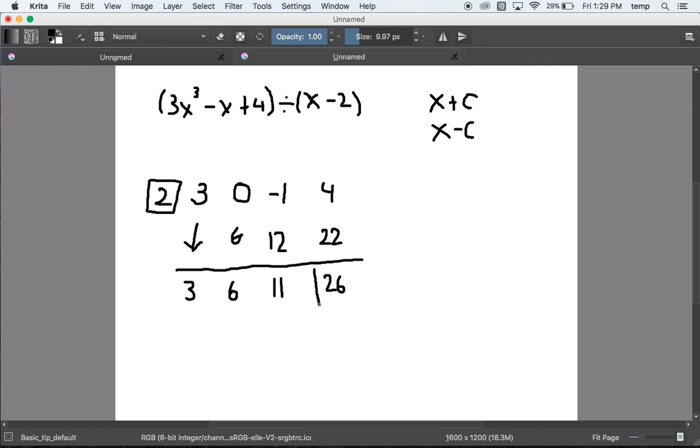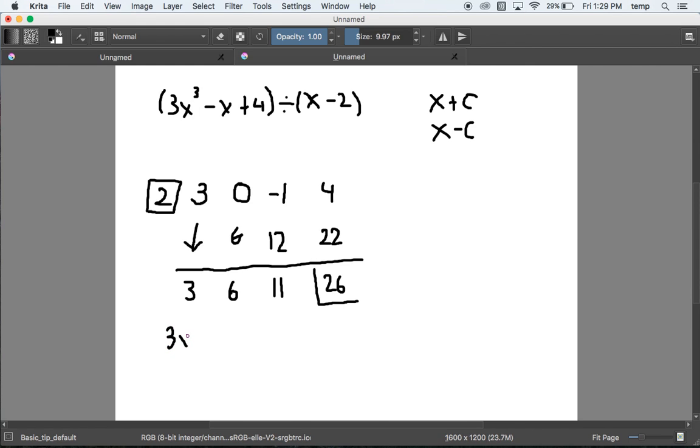And what you can do is you can box this last term here at the end. This is our remainder. And so if we look at it, this is going to be a constant, so this is just our number, and then it increases in power as we go left. So we have our number, we have x, and we have x squared. So we can put our variables back on here.